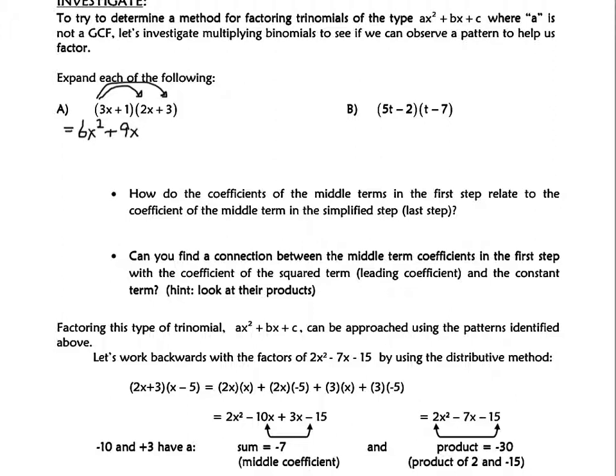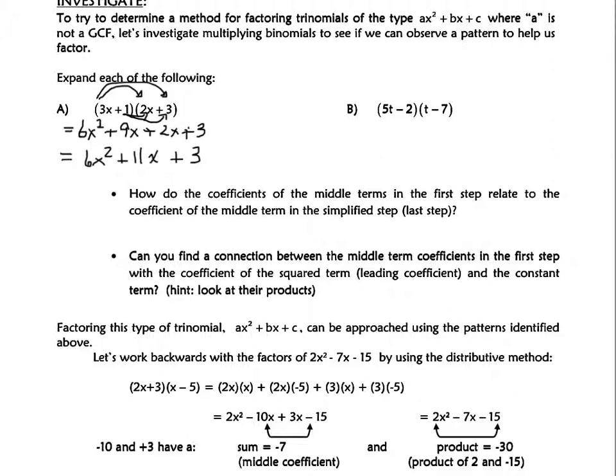And then we move to the 1 times the 2x is going to be 2x. And then 1 times the 3 will be 3. So if we combine that, we get 6x squared plus 11x plus 3.